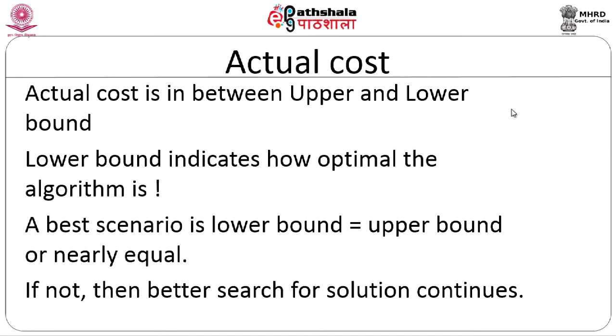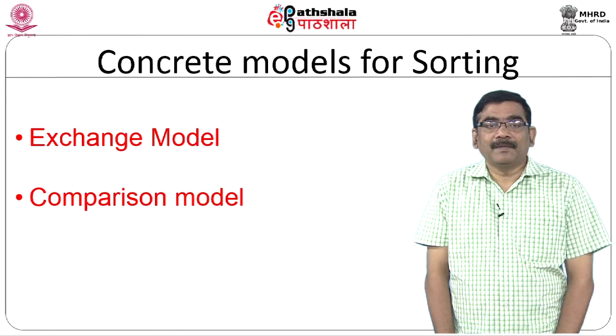This is the ideal scenario where we can expect to get the best or the fastest algorithm for a given problem. Suppose the lower bound is far lesser than the upper bound, then the search for a better algorithm continues, so that the lower bound is as close to the upper bound as possible. This is the practical advantage of finding lower and upper bound.